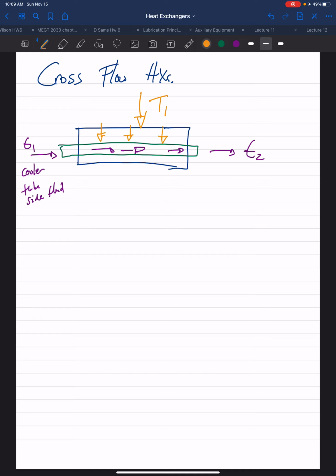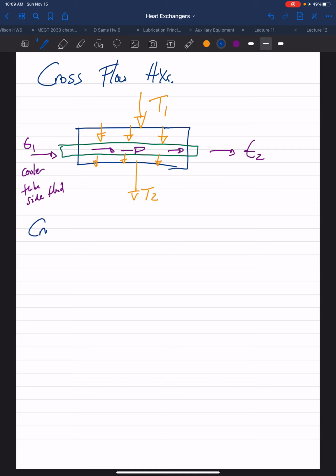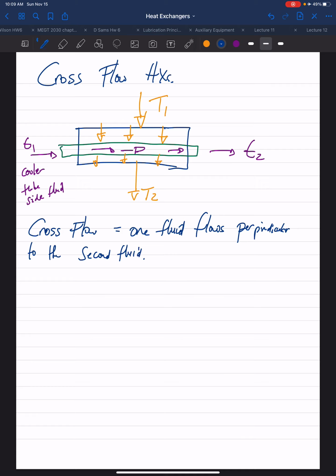Remember, cross flow, they flow at right angles, and you're exiting shell side hotter fluid. Remember we said cross flow, one fluid flows perpendicular to the second fluid.